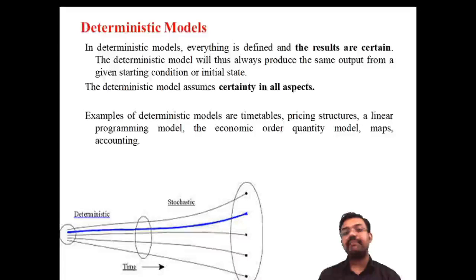It will definitely happen tomorrow and the day after tomorrow, and will continue every year. Once again, the timetable, pricing structure and linear programming are important examples of the deterministic model. That is the first one, the deterministic model.